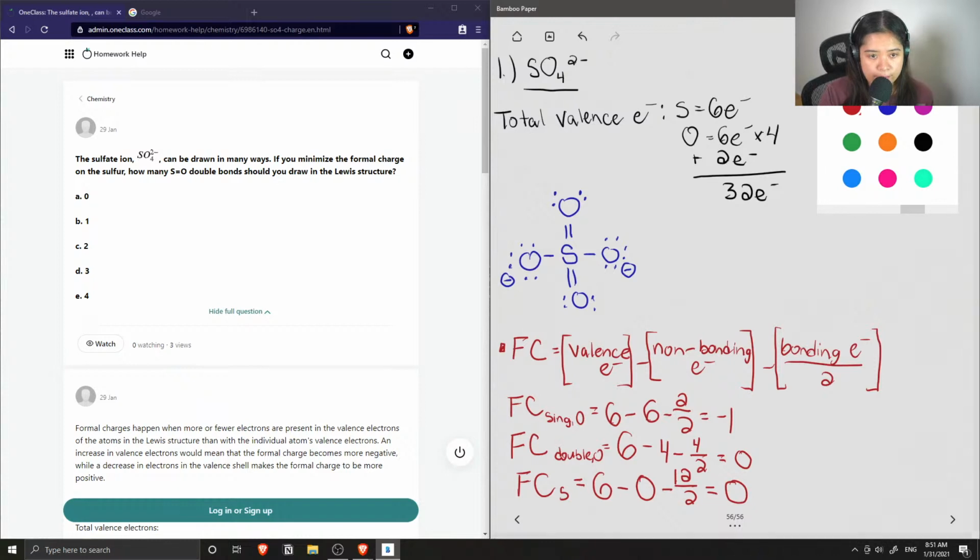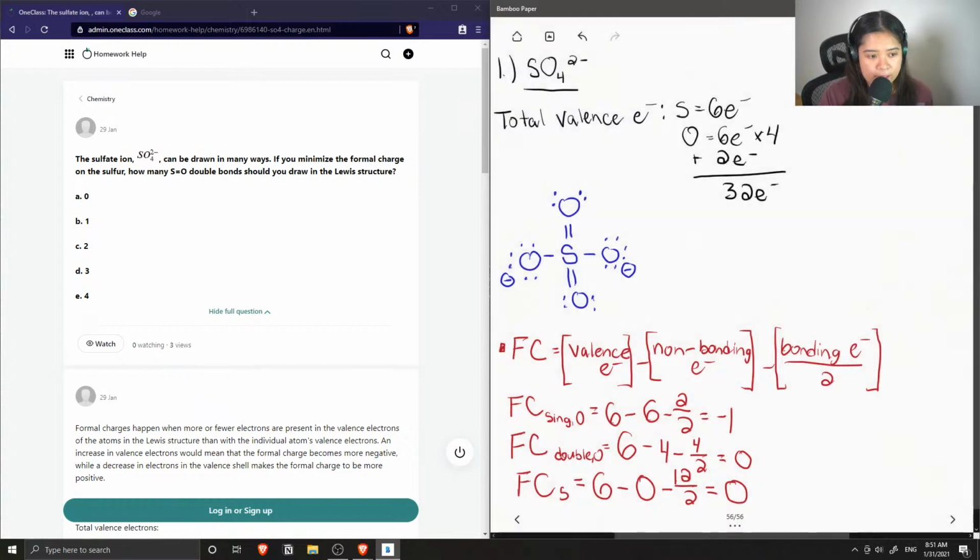Okay, so we have the following Lewis structure, and we can also draw a resonance structure for this as well. So I'll draw some examples of what the resonance structures might look like. We might have a double bonded oxygen here and make this single bonded.